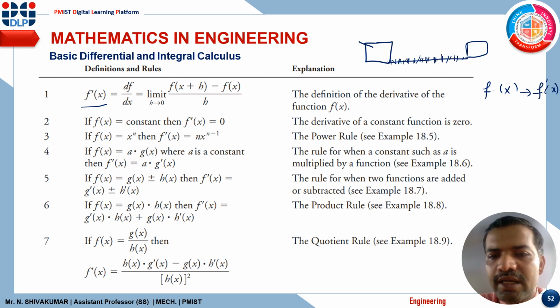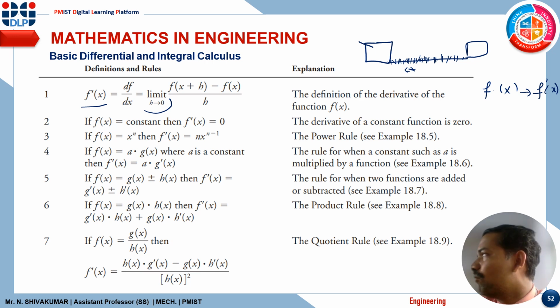When we divide the intervals more and more minimum, towards 0. So that is what is mentioned here. H is the difference between each frame. When we have a very small value of h, then automatically the differentiation value will be accurate enough. When the interval is very wide, we have less accurate results.